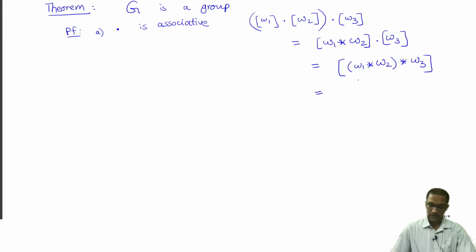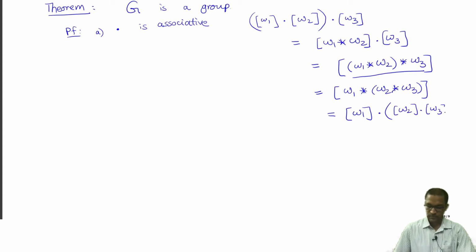But observe that what's inside the representative of the class is just the concatenation of these three, W1, W2 and W3, and concatenation is of course associative. So I can replace this triple with W1 star W2 W3, and that by the definition of the multiplication in G will just become this product, and that's exactly the verification of associativity.